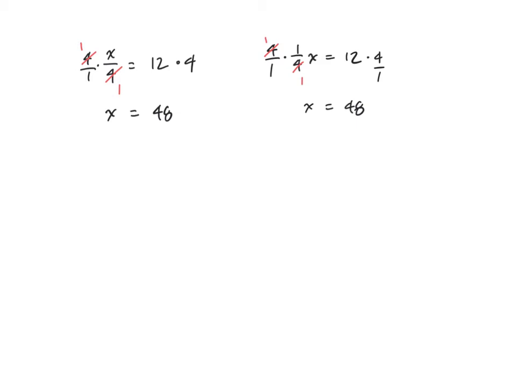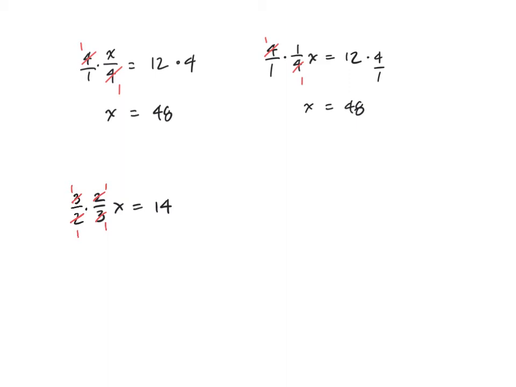So what happens if we have something like this? 2/3 x equals 14. So again, all I want to do is make this coefficient equal to 1. Right now it's 2/3. So I'll multiply by its reciprocal, 3/2, and that will allow me to cancel the 2's and become 1 over 1, and the 3's, all of that becomes 1 over 1.